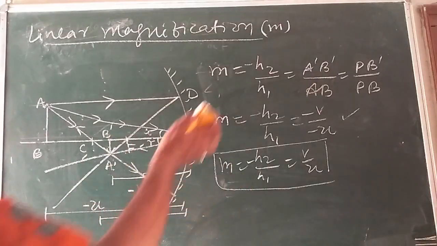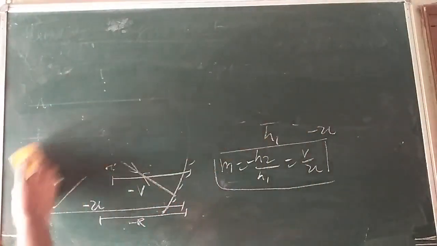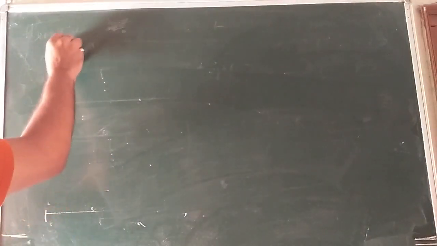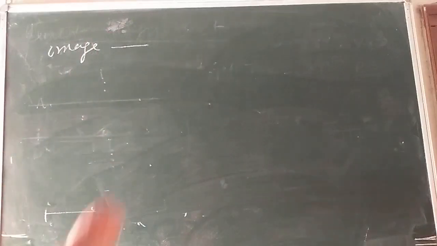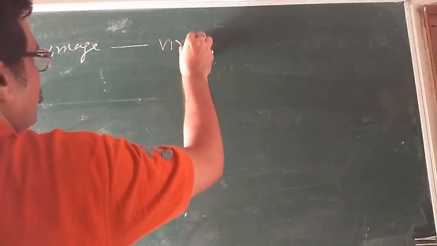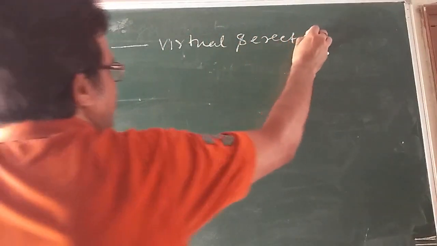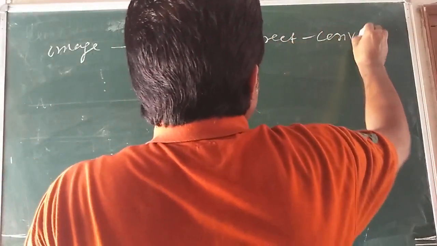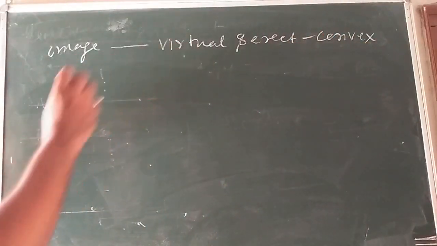In case of a convex mirror, the image is always virtual and erect, whatever be the position of the object.